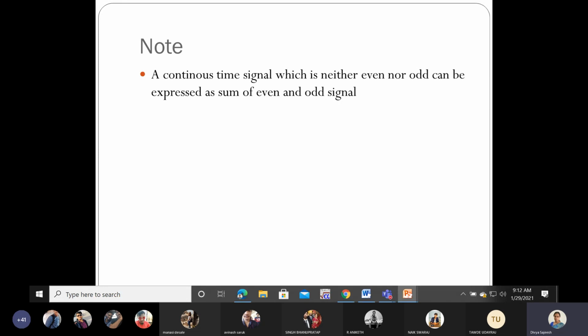Okay, now this is another thing. Sometimes the signal may be neither odd nor even, but I can split that signal into two parts. That is, I can make it a sum of an even and an odd signal. So x of t can be expressed as an even part and an odd part.